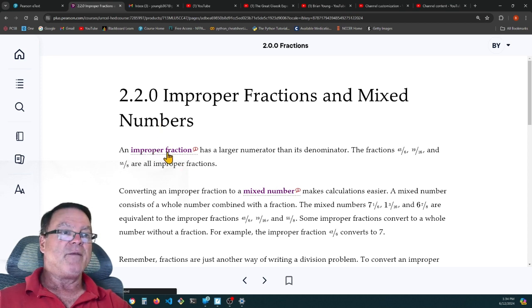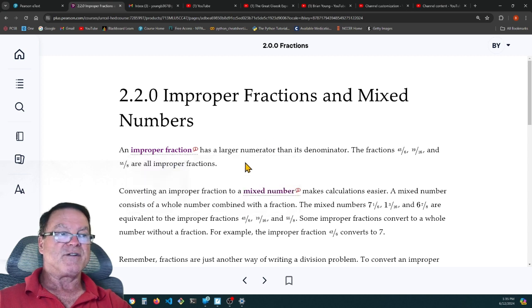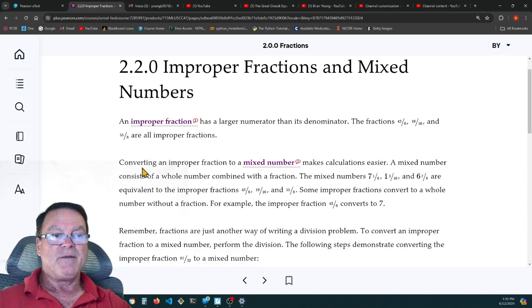So, an improper fraction, a fraction whose numerator is larger than its denominator, for example, 8/4 and 6/3, those are improper fractions. An improper fraction has a larger numerator than its denominator. The fractions 43/6, 19/16, and 55/8 are all improper fractions.